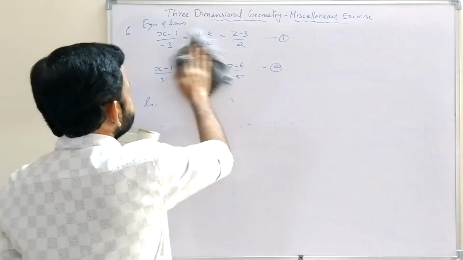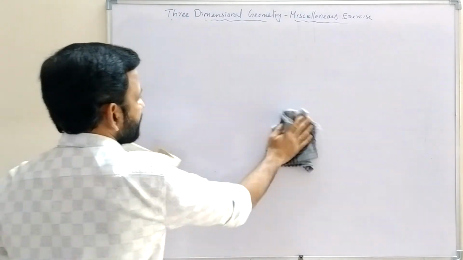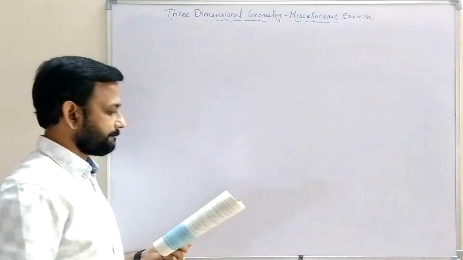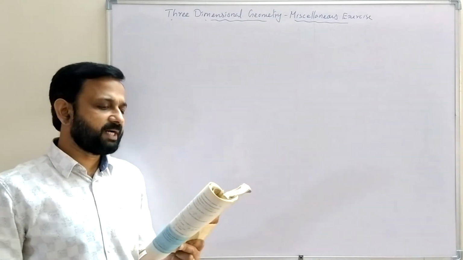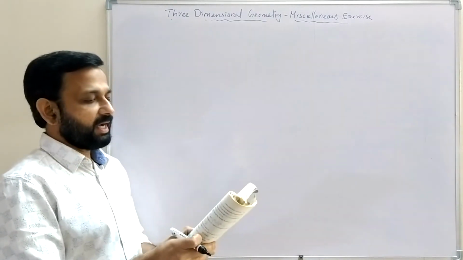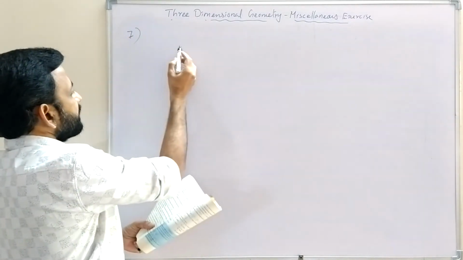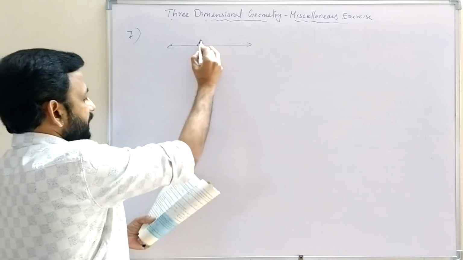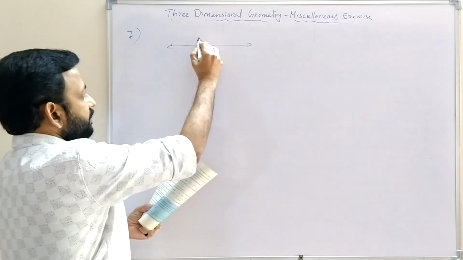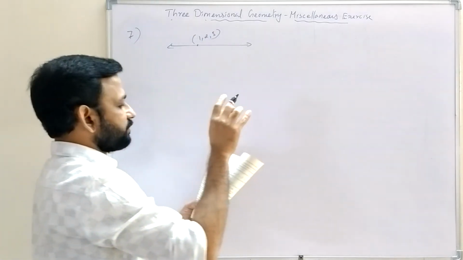Then question number 7. Find the vector equation of the line passing through the given point and perpendicular to the plane. The given point is 1, 2, 3, and the line is perpendicular to the plane.